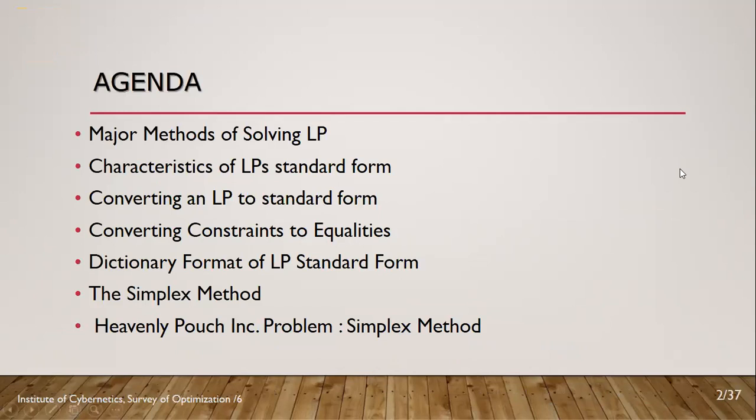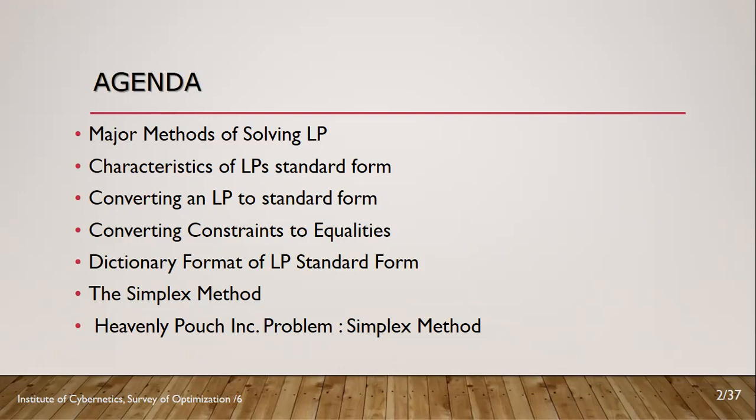Again, we will go over the major methods of solving LPs as we did last time. Then we will introduce the characteristics of LPs in the standard form. Also, we will introduce how to convert an LP to standard form, including converting constraints to equalities. Then we will formulate and introduce a dictionary format of LP standard form.